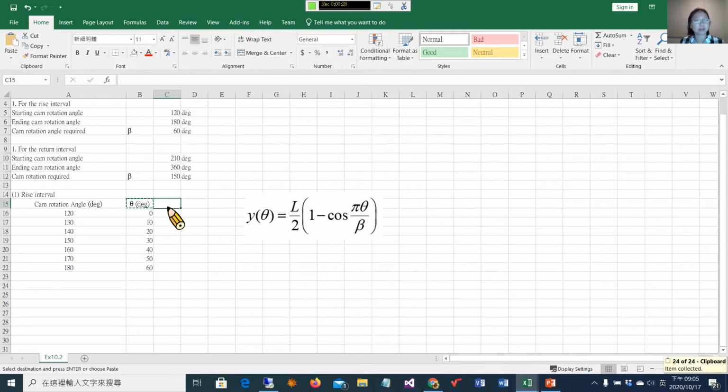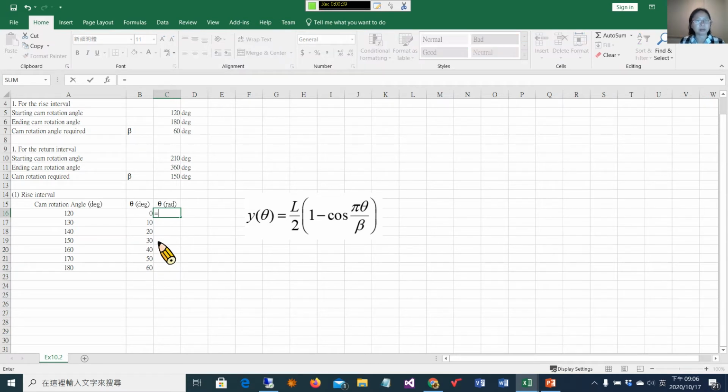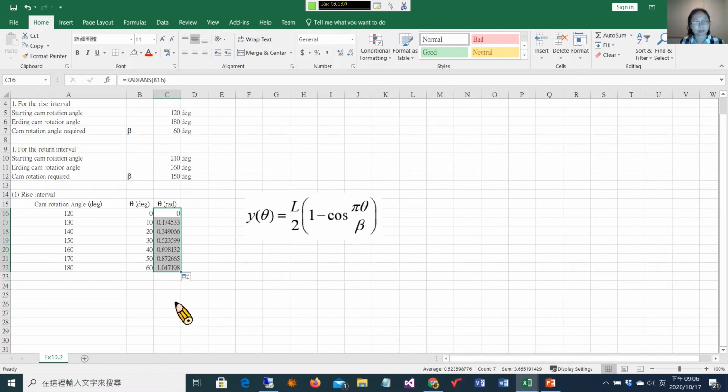For the cam rotation angle, we put the radians function here, equal sign, and reference B16 here. So we can convert degrees to radians like this.